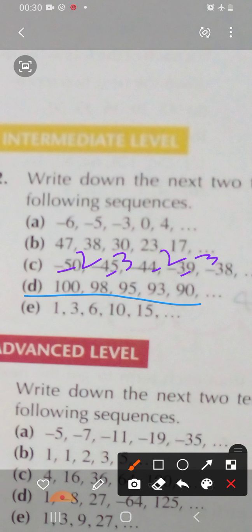So in this sequence there is minus 2, then minus 3, then minus 2, then minus 3. So after 90, we have to subtract 2, so we will get 88. 88 minus 3 will become 85.